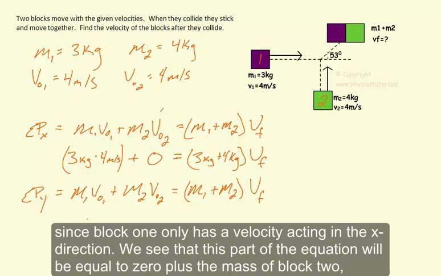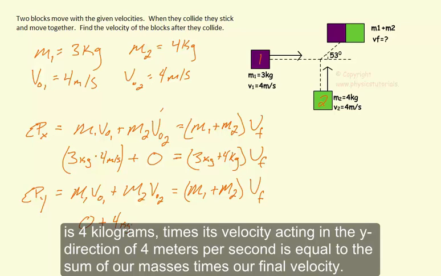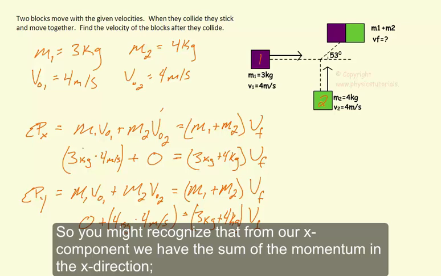So this part of the equation will be equal to 0, plus the mass of block 2, which is 4 kilograms, times its velocity acting in the y direction of 4 meters per second, equal to the sum of our masses times our final velocity.